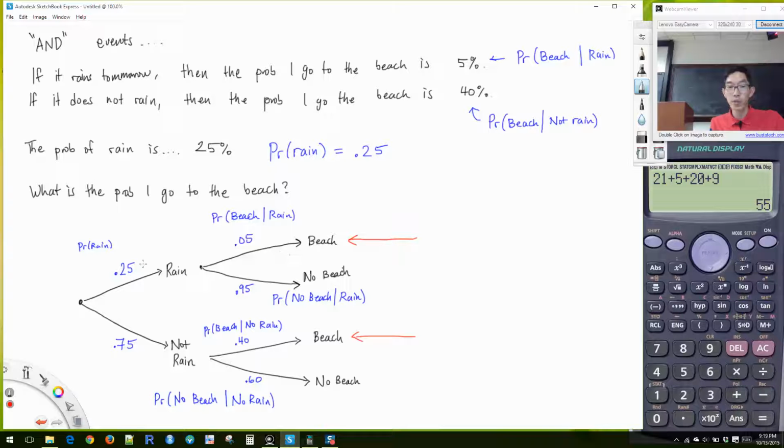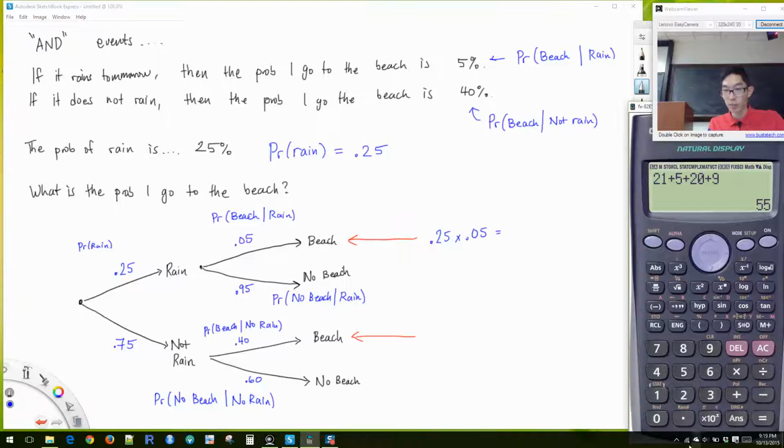I go 0.25 times 0.05. I just go down the paths and multiply. What is that? 0.0125.